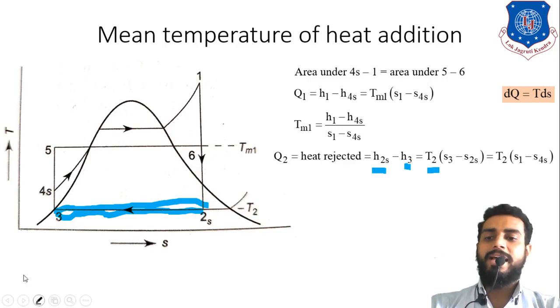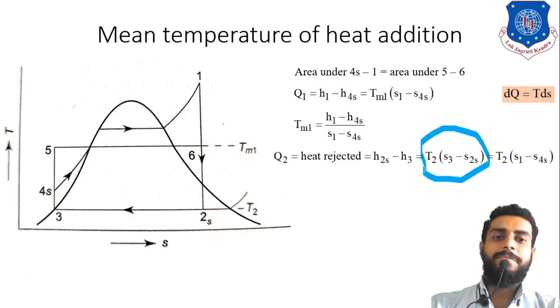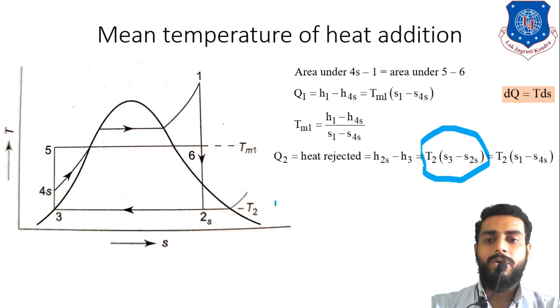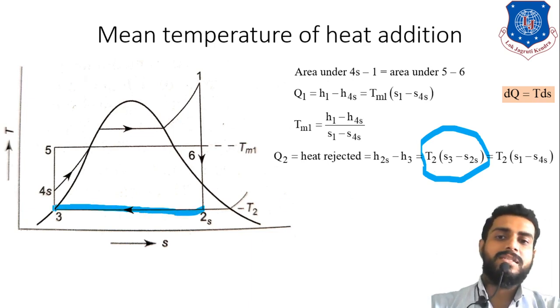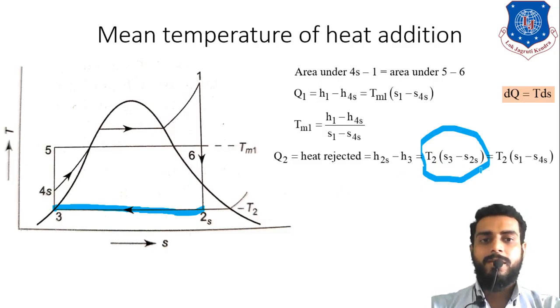Remember always that if you are writing it in terms of entropy, then the temperature which you are writing shall be constant. No temperature change shall occur. This whole 2s to 3 process is taking place at constant temperature, that is T2. That is why we can write T2 into S3 minus S2s.